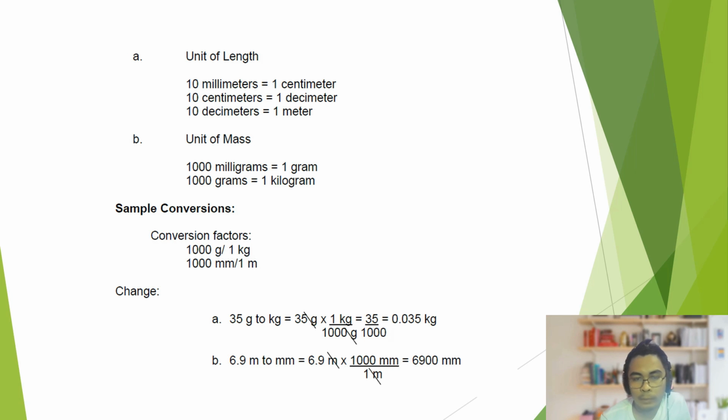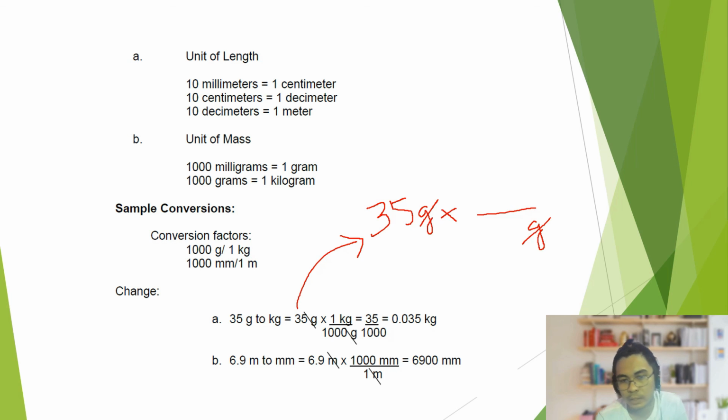So for example, we have 35 grams to kilogram. Okay? So meron ditong solution na provide. Siyempre, magsa-start ka with the given, that's 35 grams. Okay? And try to multiply that with a conversion factor wherein itong part na to makakancel. Since hinihingi is in terms of kilogram, kailangan mo malaman ang conversion factor na meron kang may lalagay dito sa taas-baba.